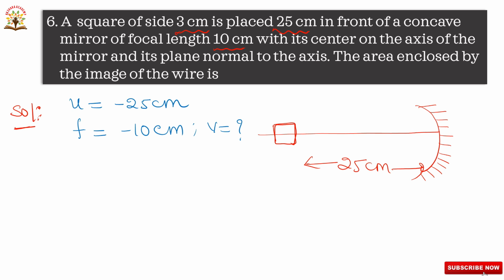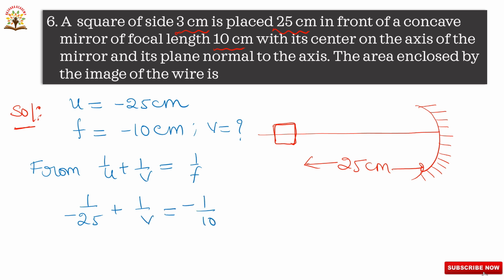Now from the mirror formula, 1 by u plus 1 by v is equal to 1 by f. Now substituting the values, 1 by minus 25 plus 1 by v is equal to minus 1 by 10. So 1 by v is equal to 1 by 25 minus 1 by 10.